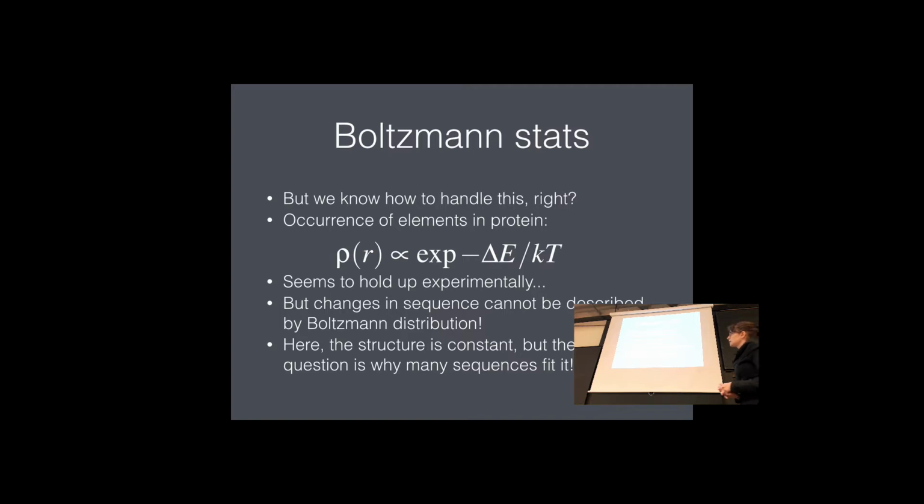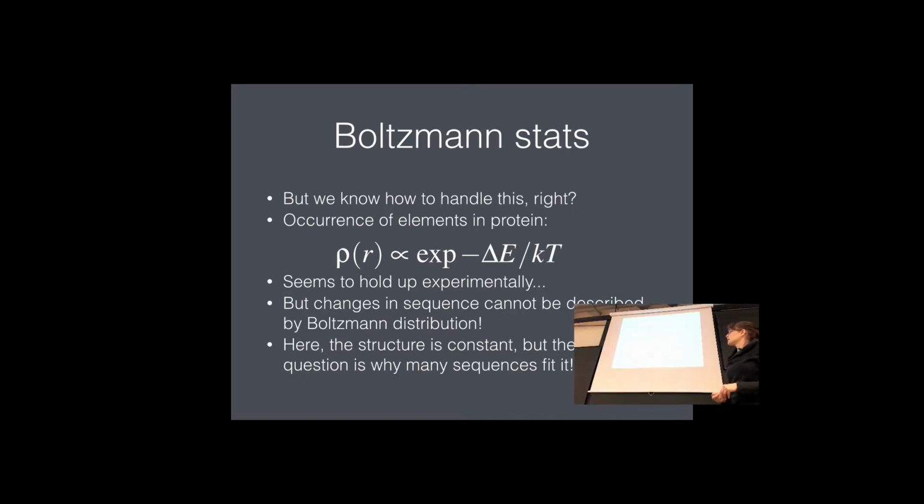We see that this holds experimentally. Whenever two things are separated by more than kT, there's a relationship like this, and it means that the thing that is higher in energy by more than kT will never be observed, or will be observed with a very low probability because of this exponential difference. But there's a caveat here.